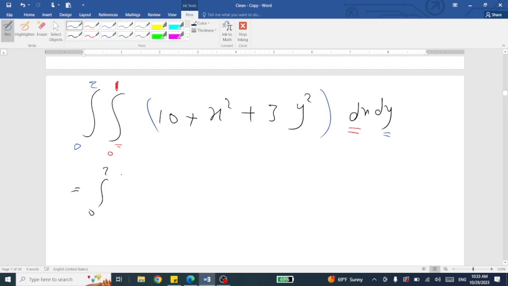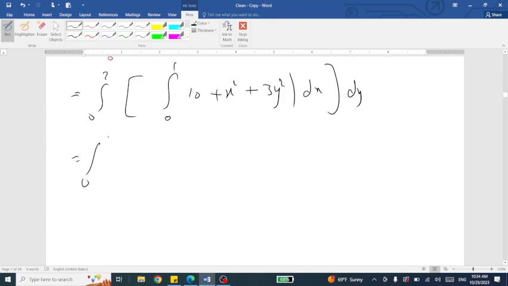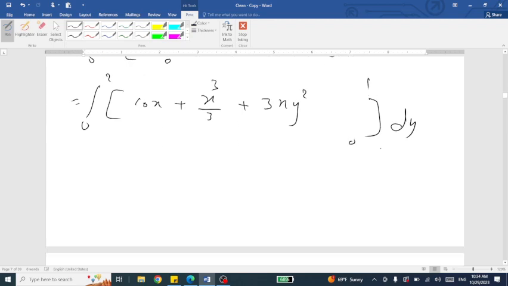Now I will get 0 to 2. Now integral of here by x, clear? Then of course from 0 to 1 is equal to what? This integral 0 to 2 dy. Now here 10x minus x cube over 3 plus xy square, from 0 to 1.